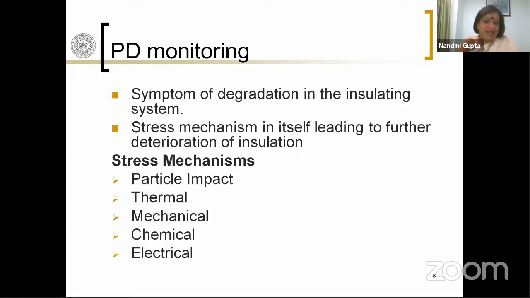When I say that partial discharges are a stress mechanism in itself, what are the stress mechanisms that PD can be responsible for? Now, there are various kinds of stress mechanisms that can be related to PD.